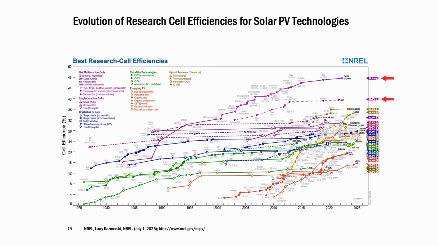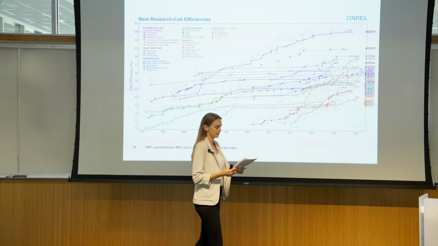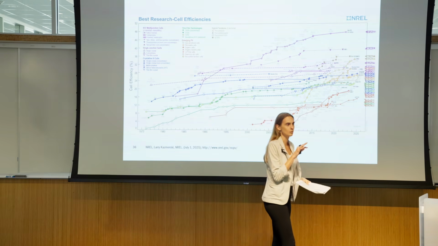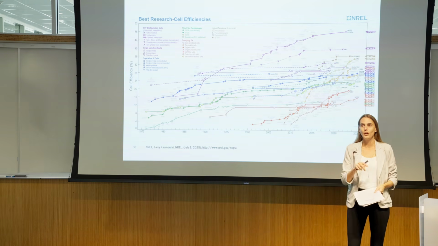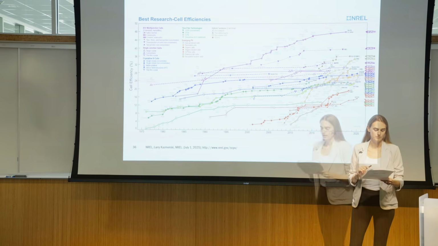33.7%. But you can see here that several of the semiconductor technologies in purple have achieved efficiencies greater than that. And that's because these are what are called multi-junction cells, which are made up of multiple semiconductor materials stacked on top of each other with multiple PN junctions.